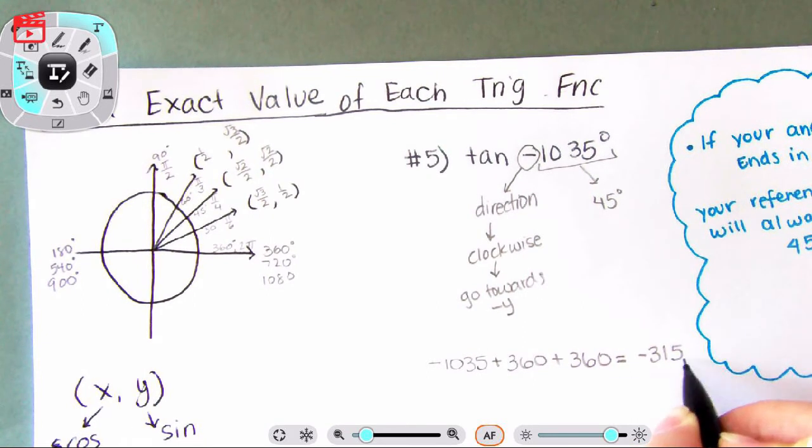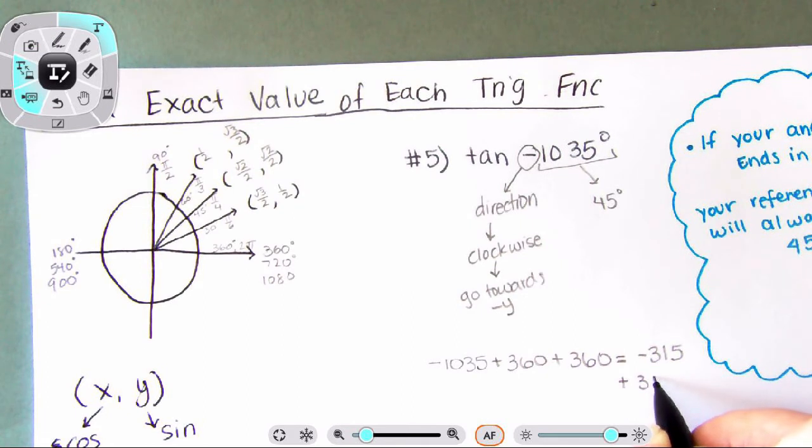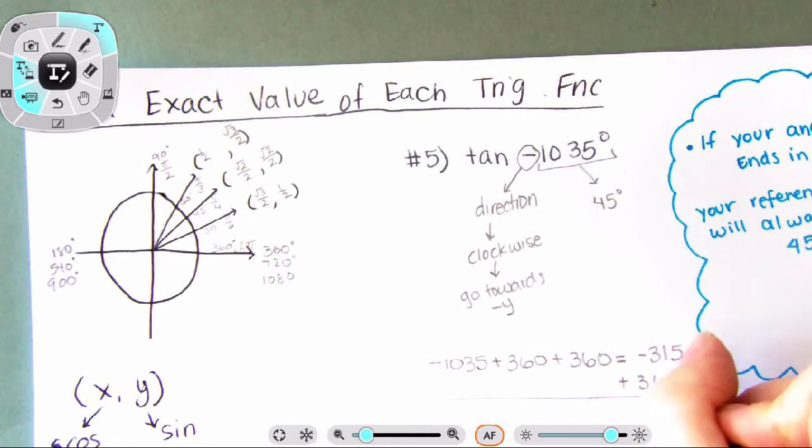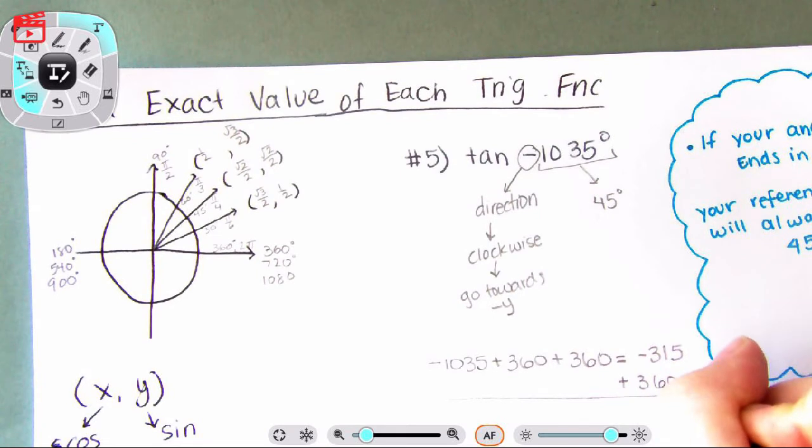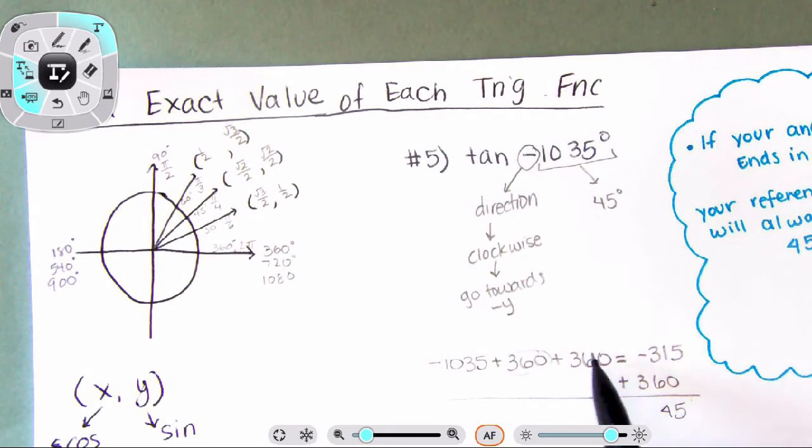And then I went one more time to get a positive angle. I wanted that positive because in quadrant 1 it's only positive. So 360 one more time, and that gave me 45 degrees. So I went around 1, twice, thrice.